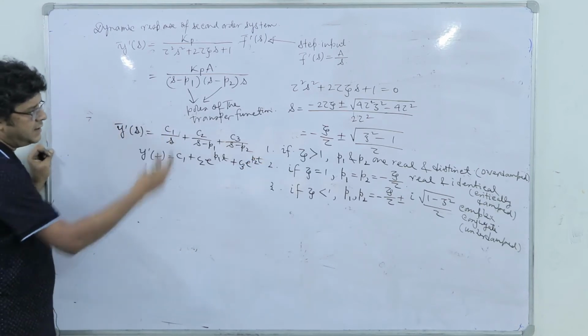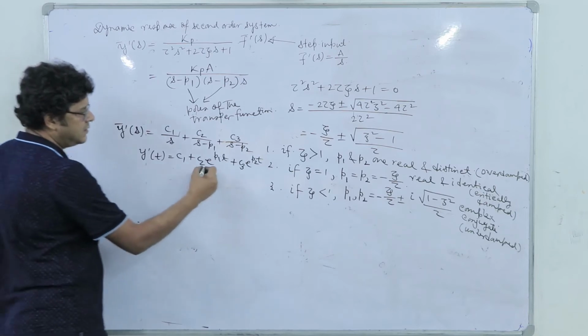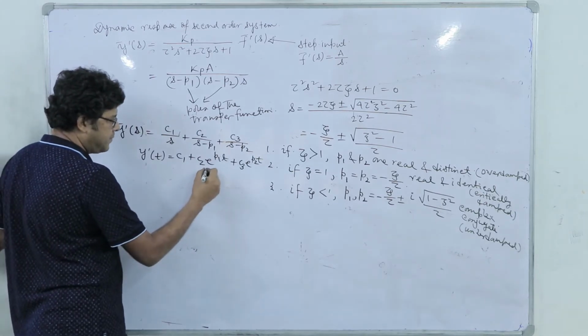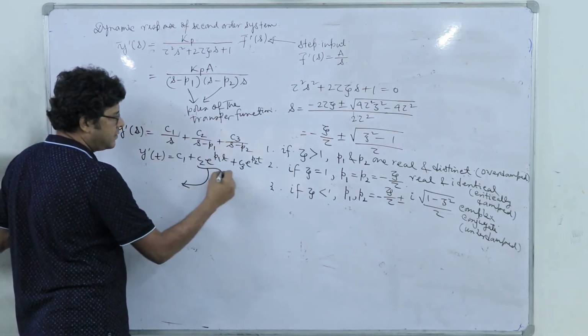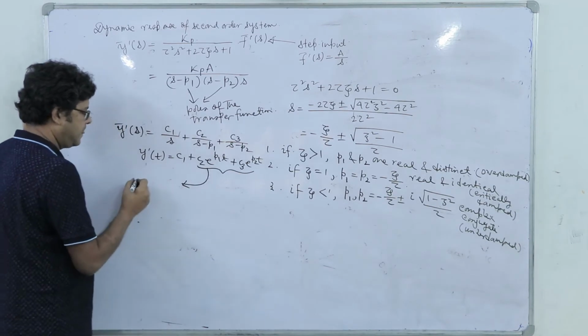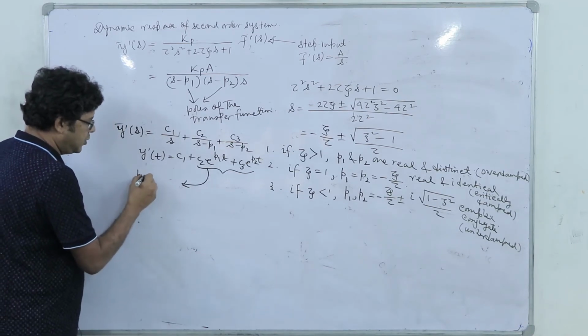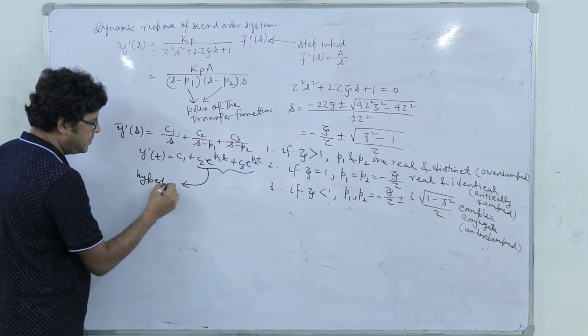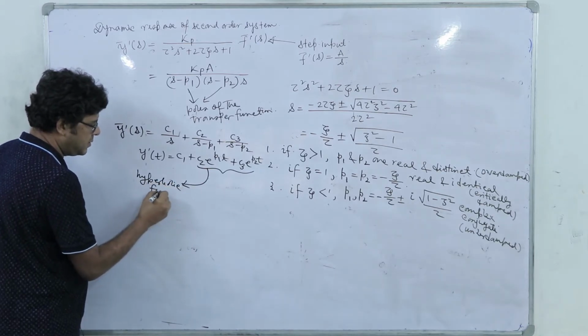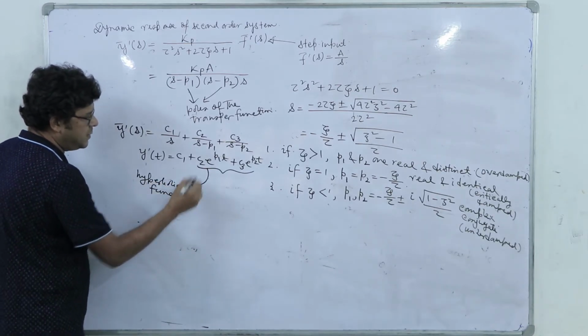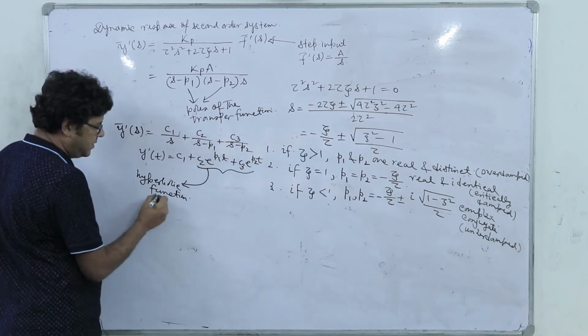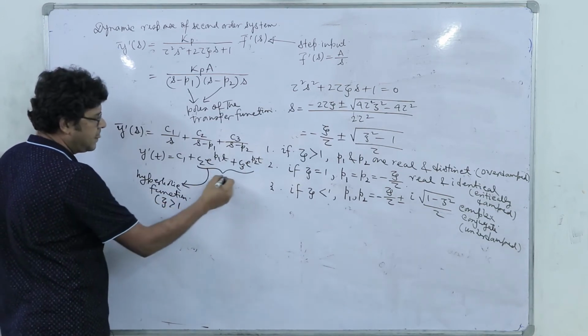If these are real and distinct, for this group of terms we will get hyperbolic functions, because P1 and P2 are real and distinct for zeta greater than 1.